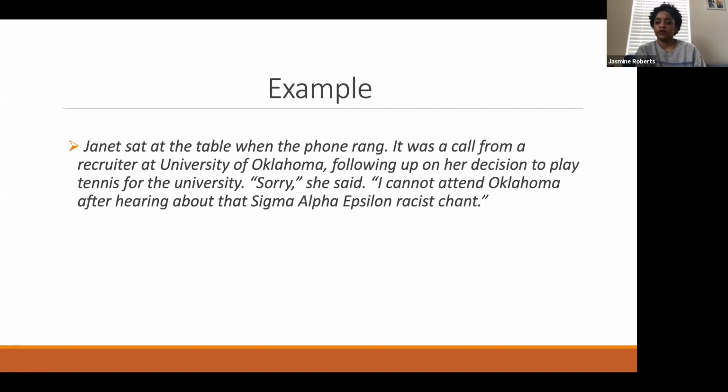All right, so we have a few responses coming in: anecdotal, anecdotal, anecdotal. Anecdotal, yes. So you guys are correct. This is an example of an anecdotal lead. Why is that? Because it's talking about a specific situation.